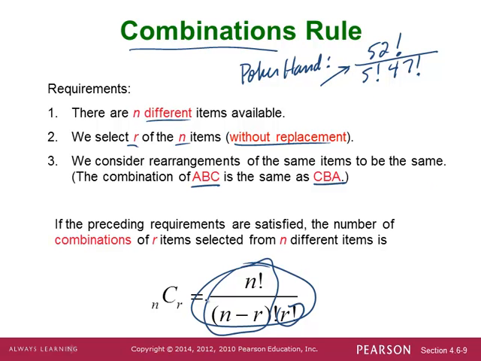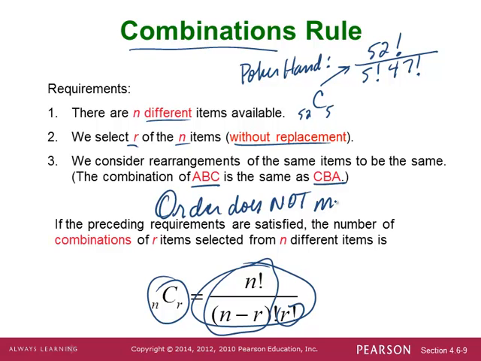By the way, the notation that you see here is combination, right? Big C with a 52 to the lower left and a 5 in the lower right. And that will count the number of ways of choosing 5 items from 52. And again, that's where order does not matter.